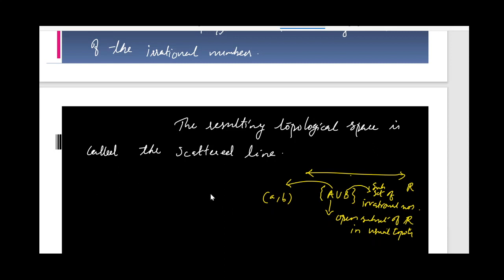If tau is the scattered topology, then (1, 2) union root 2 is a member of tau, right?